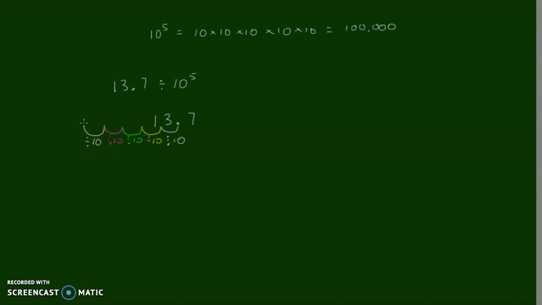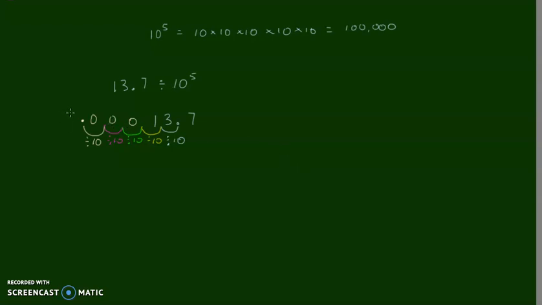After I've moved my decimal the correct number of times, I'm going to make sure I put in my decimal point so I don't forget it. And in each empty spot, I'm going to add a 0. So I had 3 empty spots, so I added 3 zeros.